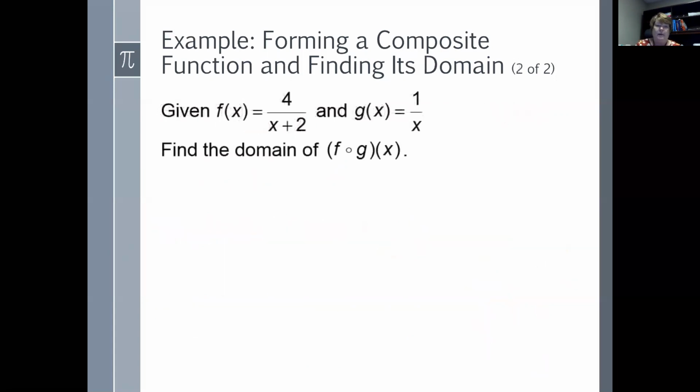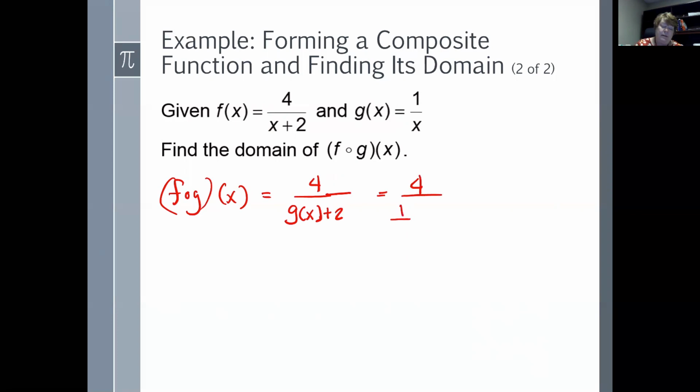All right, so let's go ahead and finish the composite. So I do need to do a little simplification. So I had 4 over g of x plus 2. But g of x is 1 over x, plus 2. And you can simplify this any way that you have learned to simplify fractions of this type.